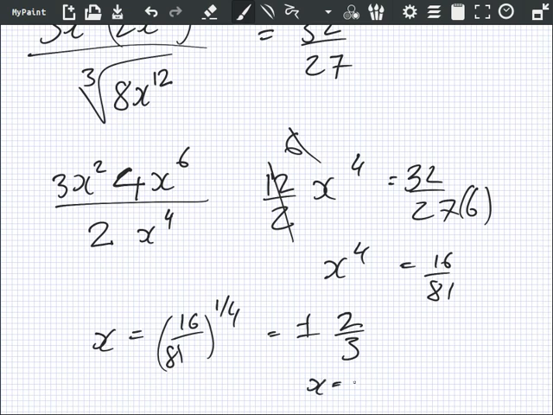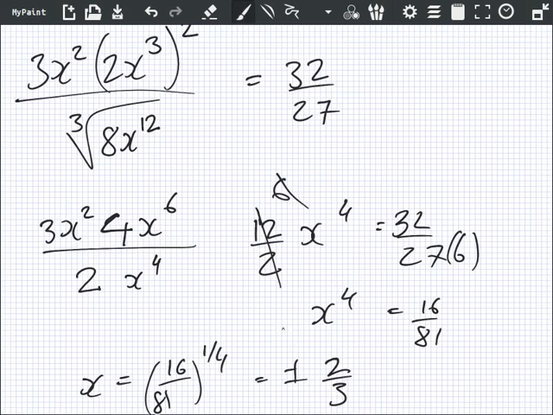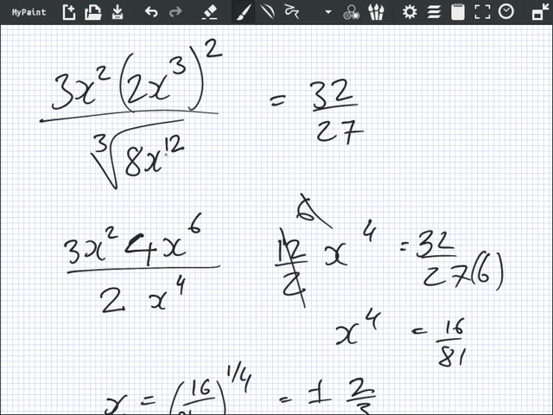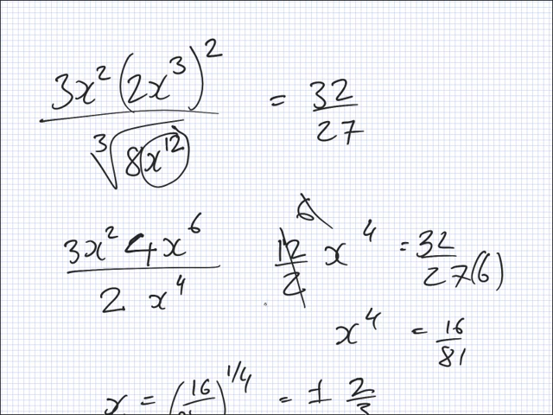But I think the reason for saying that is that they're making it a little easier for students, because a lot of students might forget the plus minus here. Certainly x can be less than 0, because this is an even power, which makes it positive. But even that doesn't matter, because you can actually take the cube root of a negative. So there's no problem here with a negative x. You just can't have x equal to 0.